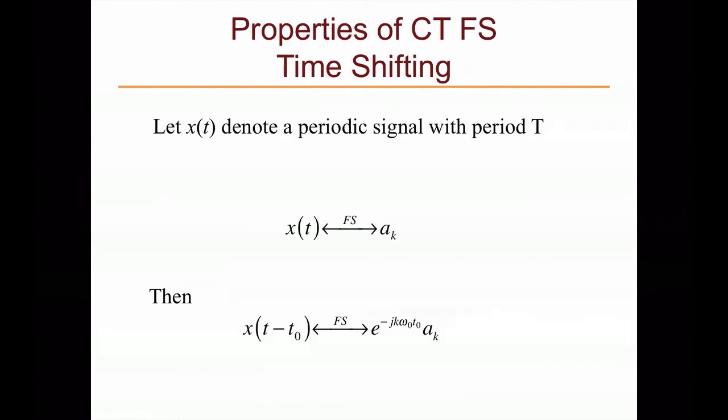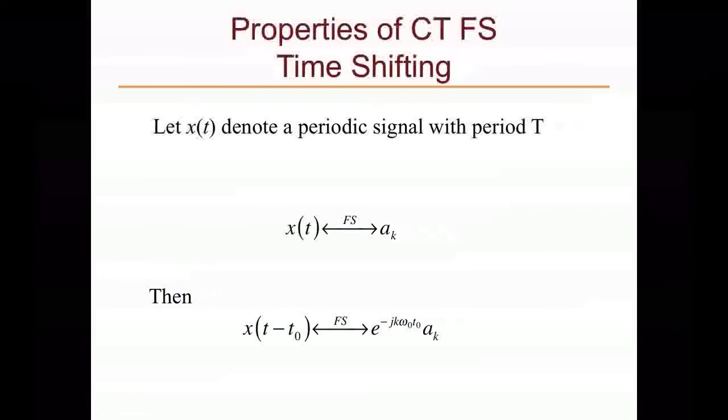For time shifting, if the signal x(t) has the corresponding Fourier series coefficient ak, then if we shift the signal by time equal t0, what we have in the frequency domain would be the same coefficient multiplying with e to the minus jk omega 0 t0.